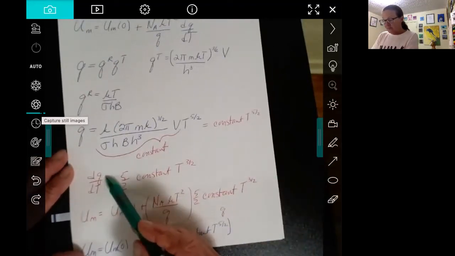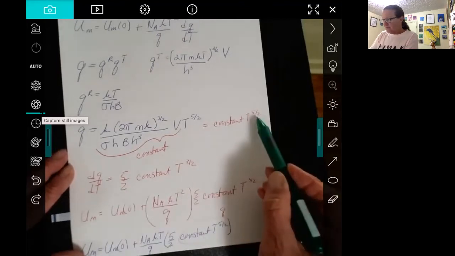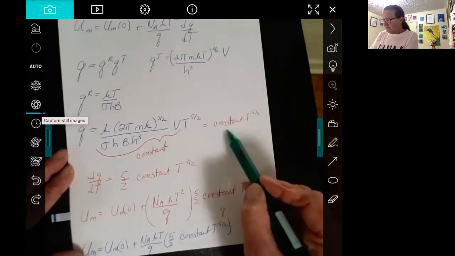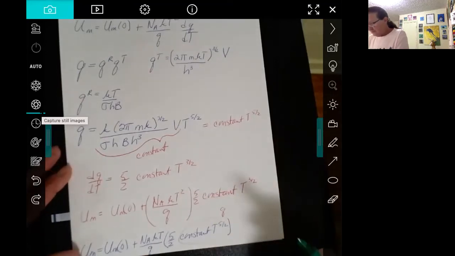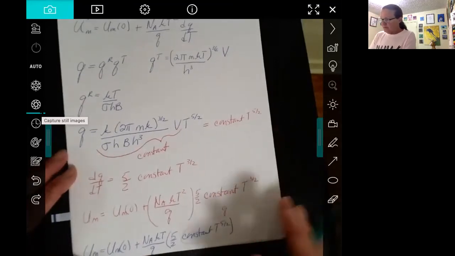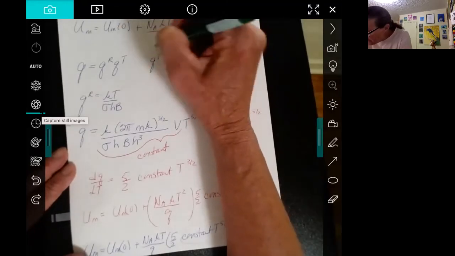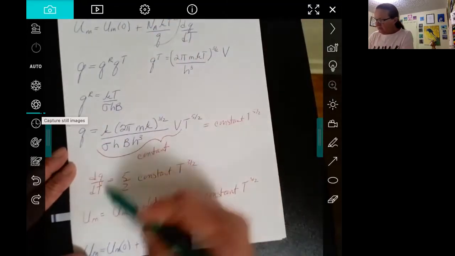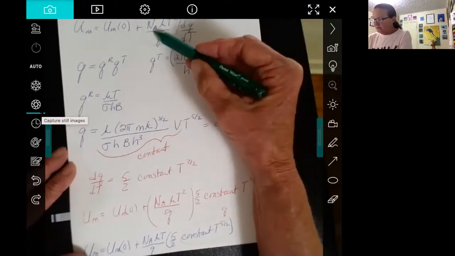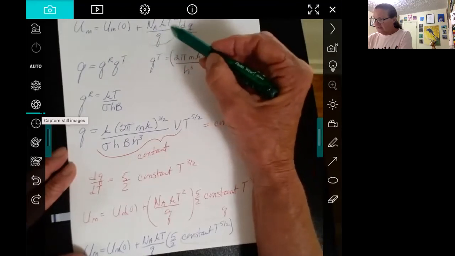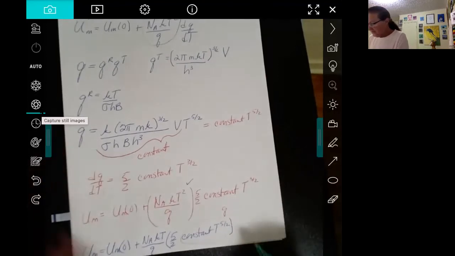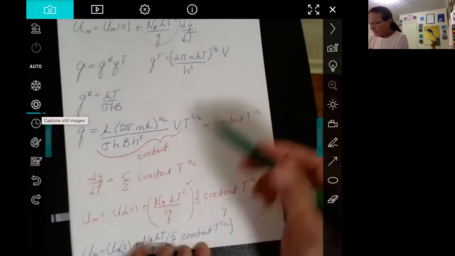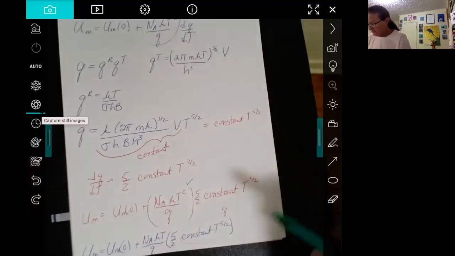When you take the derivative of q with respect to T, you get 5 halves, the constant times T to the 3 halves. That's dq/dT, but we need to multiply that by N_A kT squared over q, which goes right here.